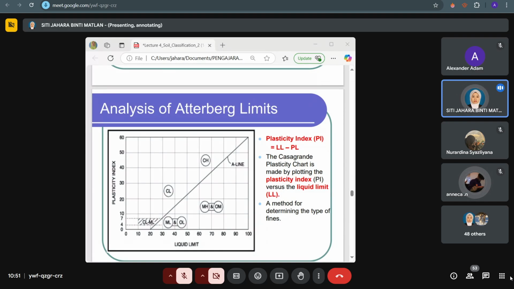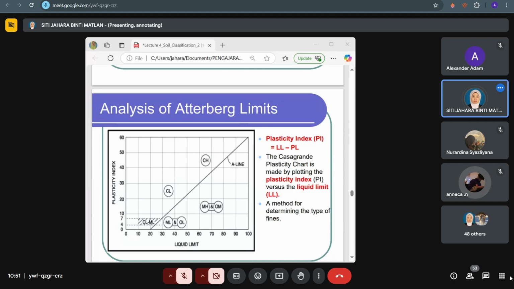So we can use this plasticity chart to classify fine grain soil into categories. As you can see in the figure, there are symbols CL, CH, ML, MH, OL, OH, then CL-ML. So these symbols each have their own meaning.